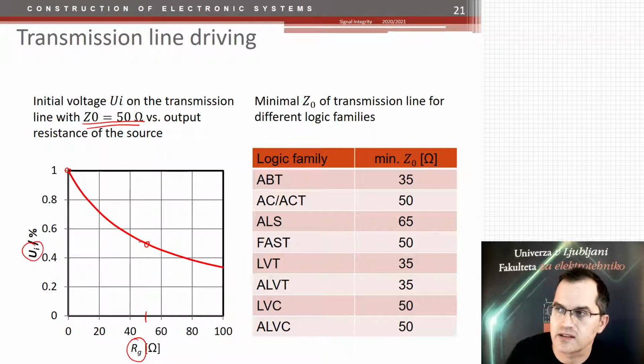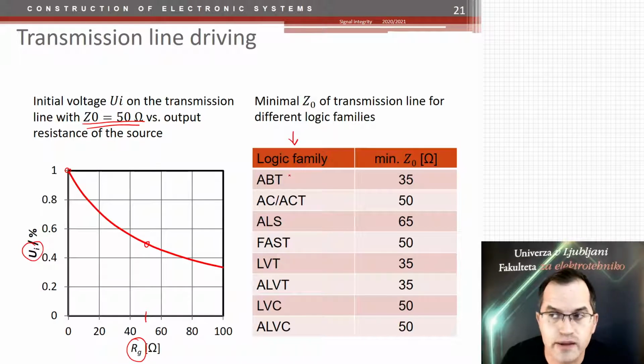So using that, and also knowing the properties of different logic families, and these are, let's say, just part of the logic families of digital systems, you can quickly see that there is some minimum impedance of the line that would still allow logic 1 to be transmitted directly at the beginning, at time 0.